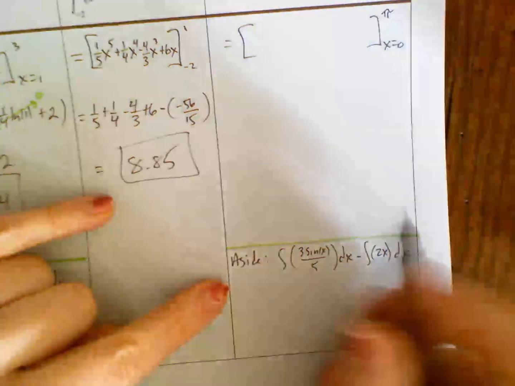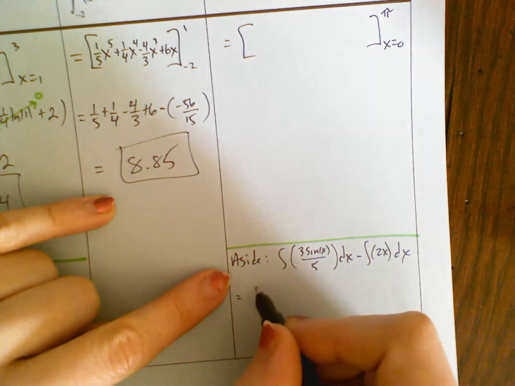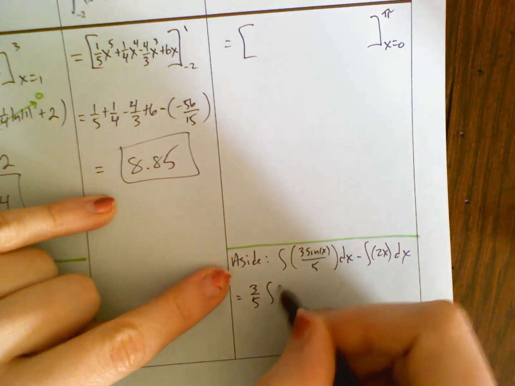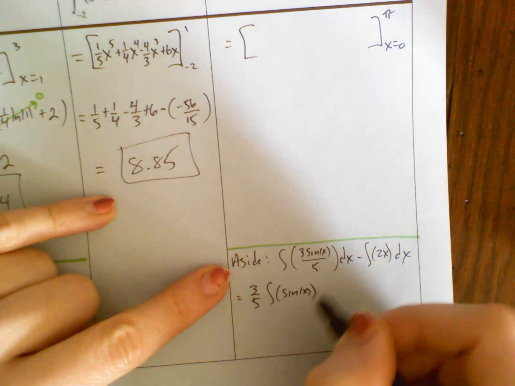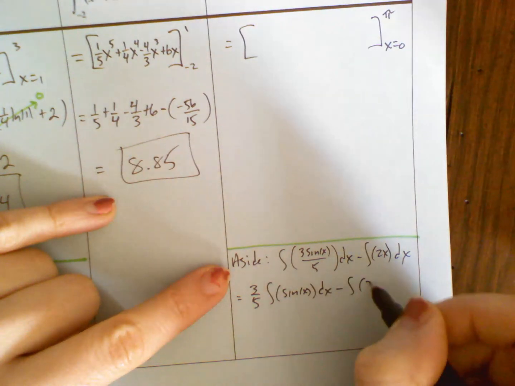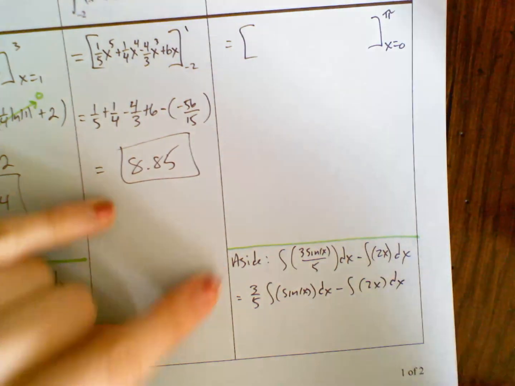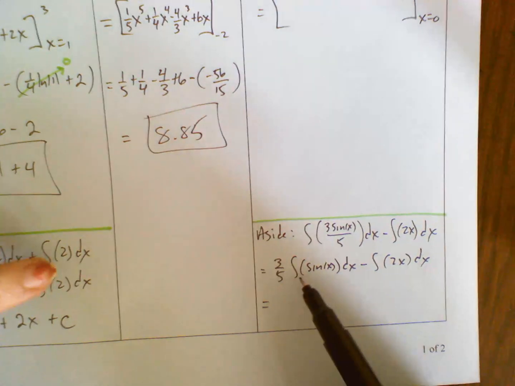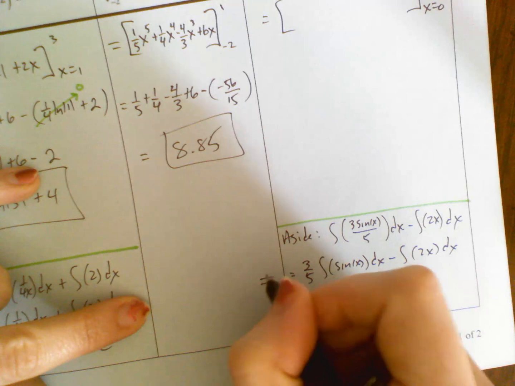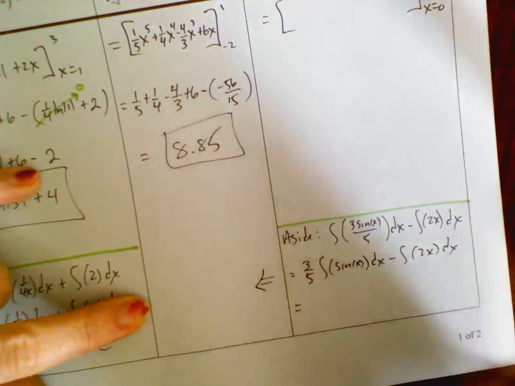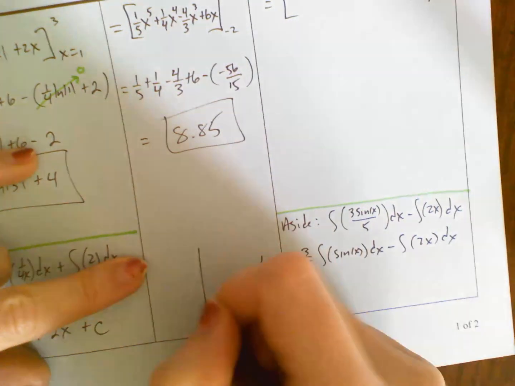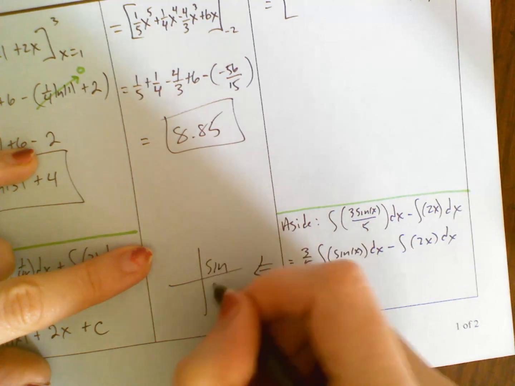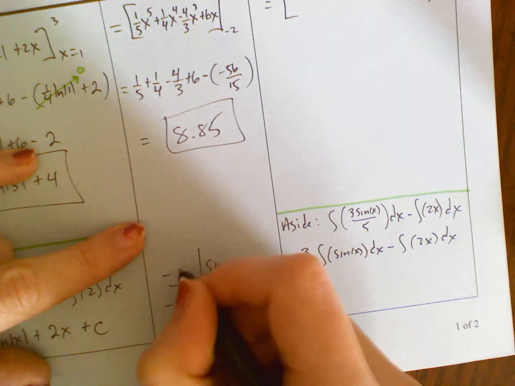Okay, and then I could take out the 3/5. Now I need to know the antiderivative of sine. Off to the side here, we have this thing: sine, cosine, negative sine, negative cosine.